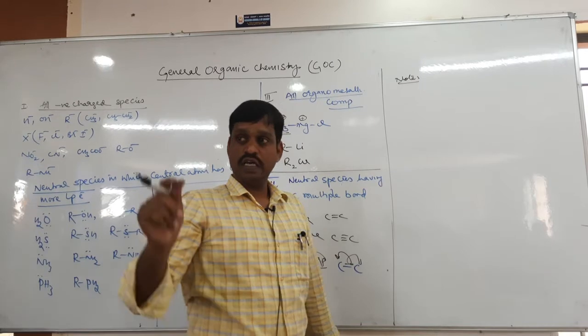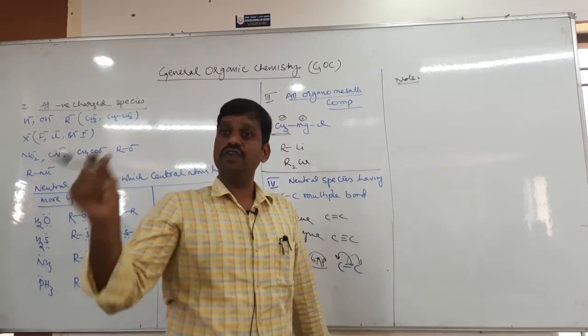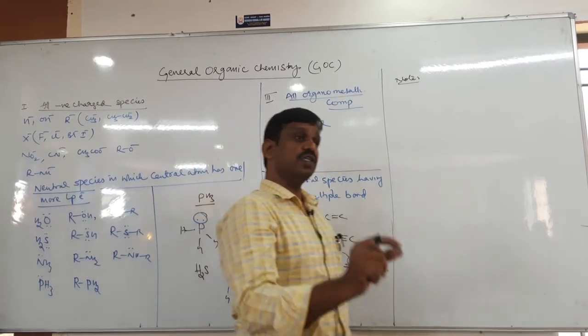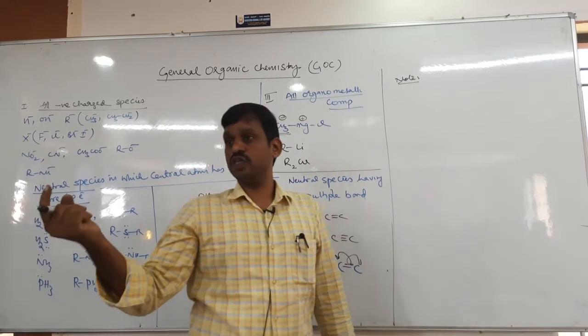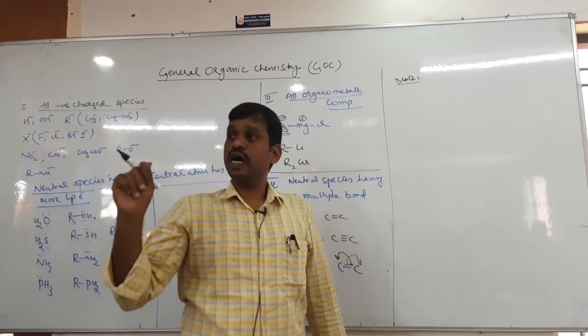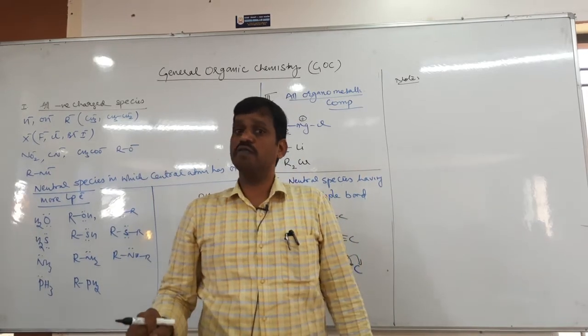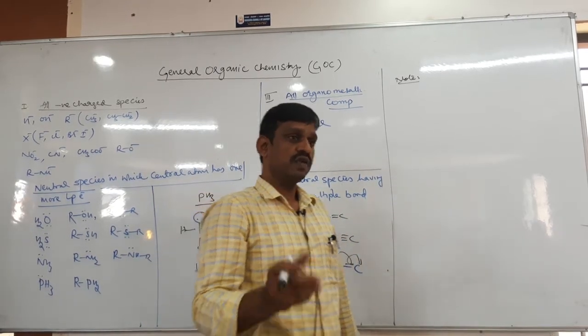It means neutral species having multiple bonds between either carbon and oxygen or carbon and nitrogen. Where is a carbon-oxygen multiple bond possible?